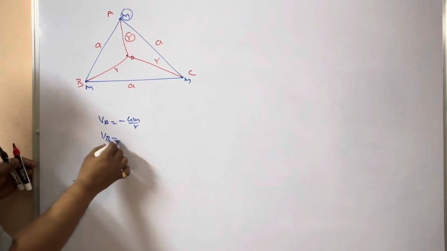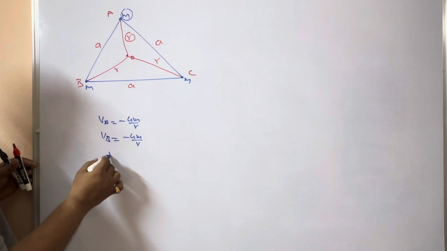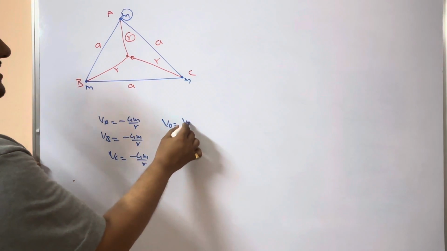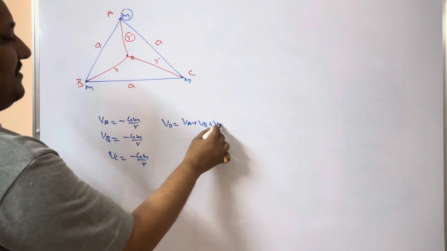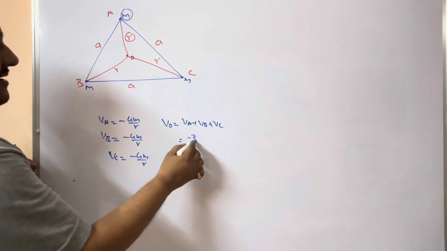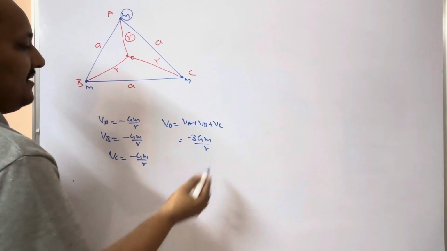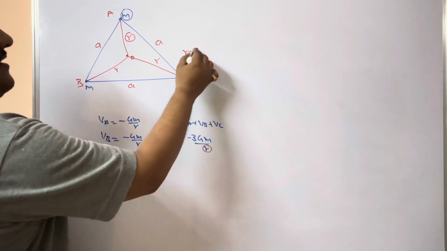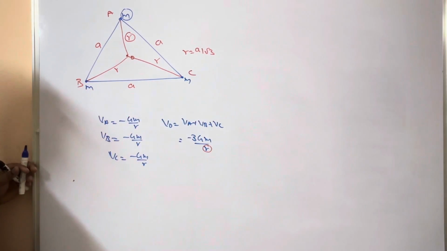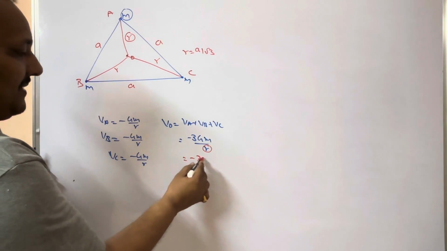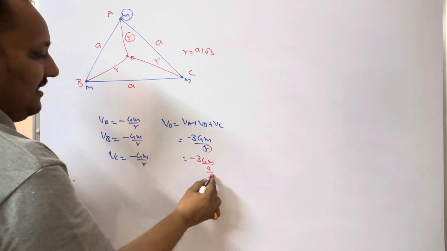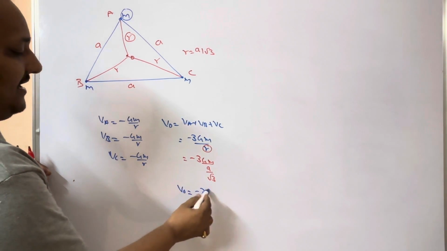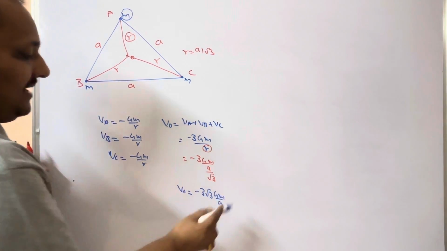Same like that, VB also minus Gm by r, and VC also minus Gm by r. So V naught is equal to VA plus VB plus VC, which gives minus 3 Gm by r. Now what is r in terms of a? Already we have discussed, r is equal to a by root 3. Therefore minus 3 Gm by a by root 3. The final answer is minus 3 root 3 Gm by a.